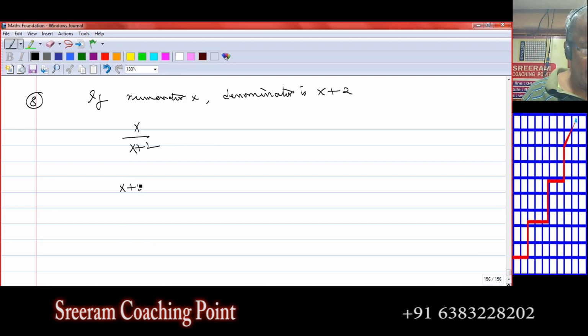X plus 5 divided by x plus 2, minus x divided by x plus 2, equal to 1.